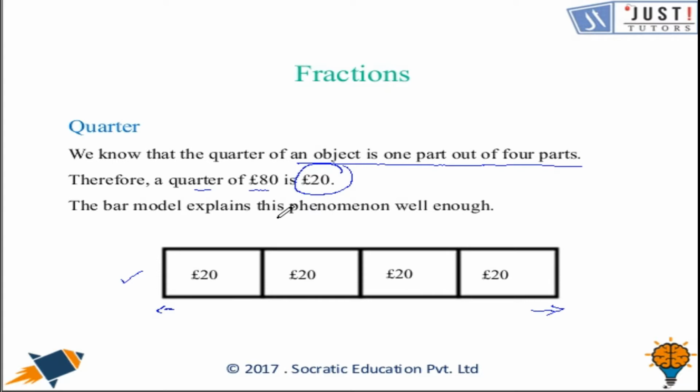Now to find a quarter of this bar, you'll split it into 4 equal parts. Now put in numbers such that all the numbers are the same, and when you add them up you get 80. So in each part you'll just need to put 20 so that together they are equal to 80 pounds.